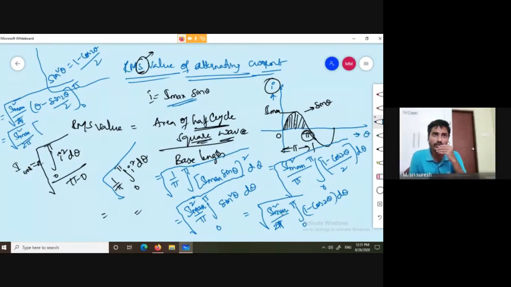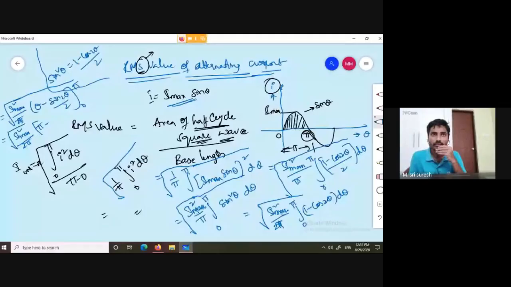So we need to substitute the limits here: pi minus the sine 2 pi value, which is 0. If I substitute the pi value in place of sine 2 theta, you get 0. If we substitute 0, first we also get 0.